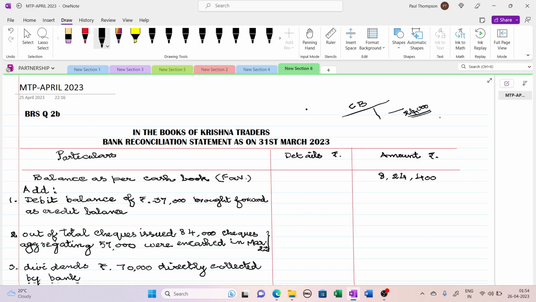But this check would have gone to the bank and they would have made the payment. So the bank would have reduced our balance, and we should also reduce the balance.